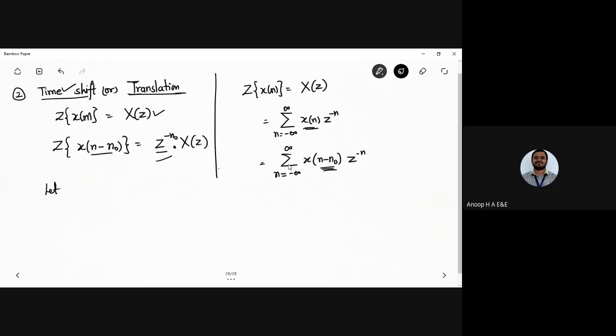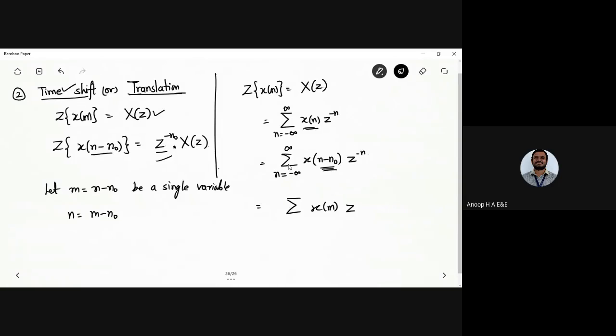So let m equal n minus n naught be a single variable. Then sigma becomes x of m, with z power minus n, and n would be written as m plus n naught.